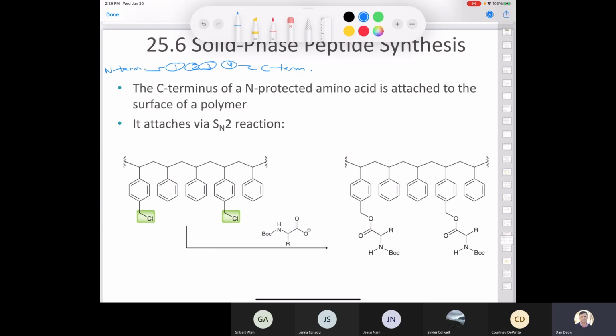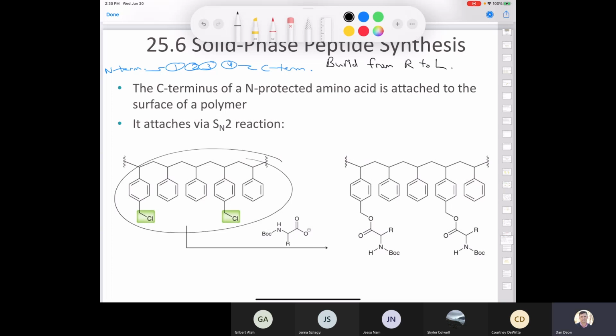You would actually start with the C terminus, so you build it going from right to left. Again, the arrow, the way I have it written, makes it look screwy, so let me just change that. Right to left, like that. Okay, so here's what you do.